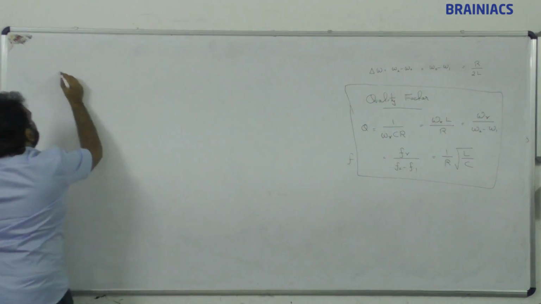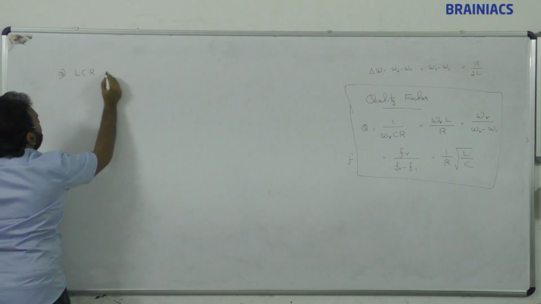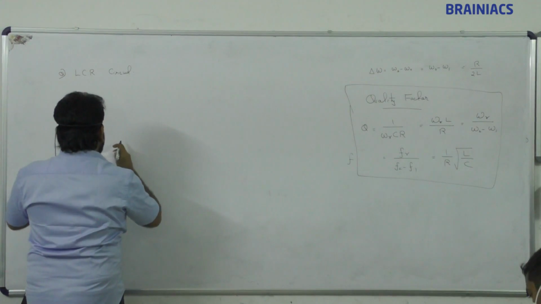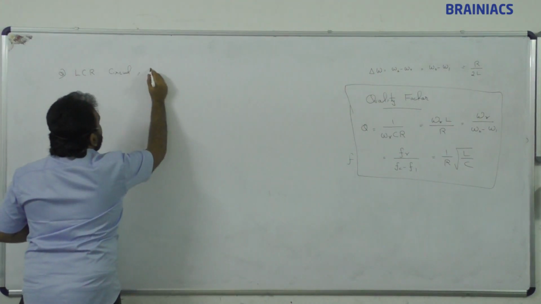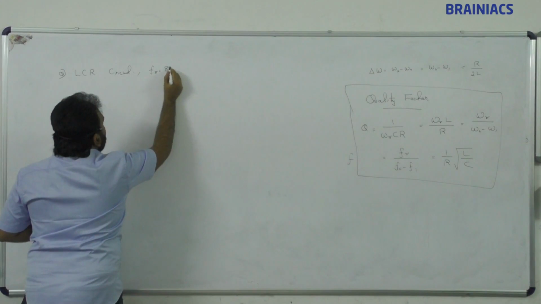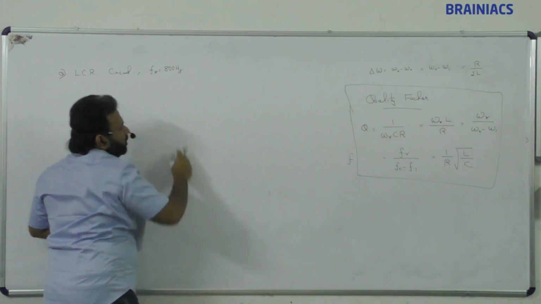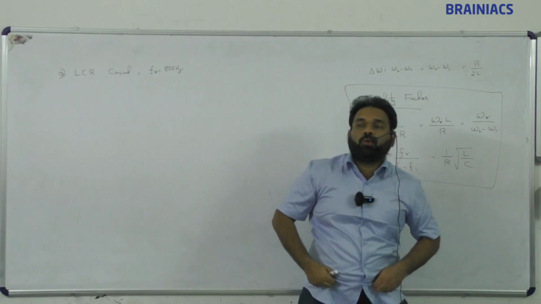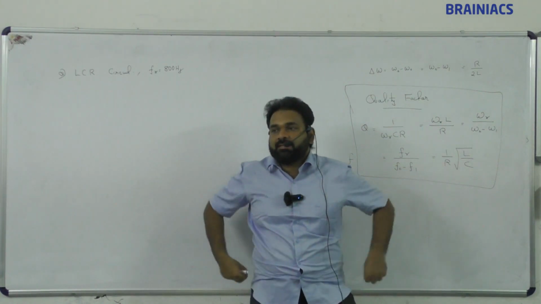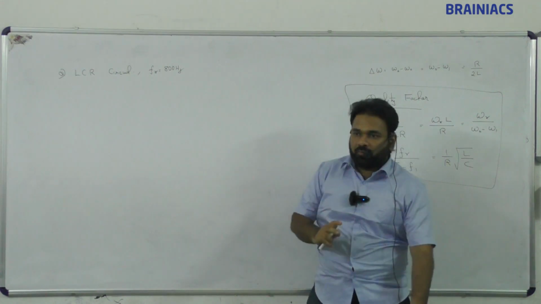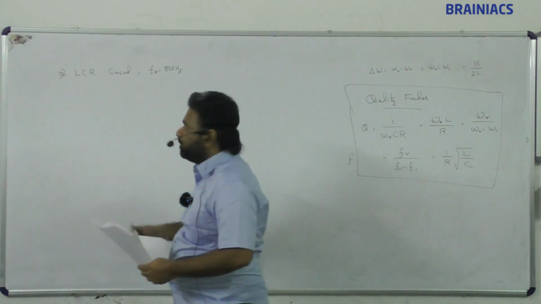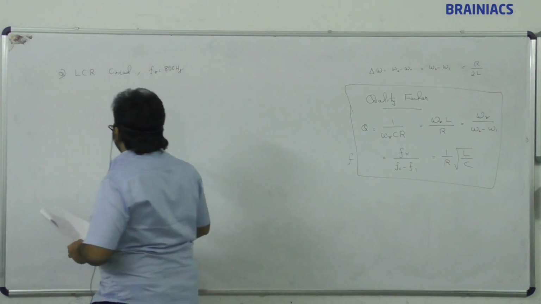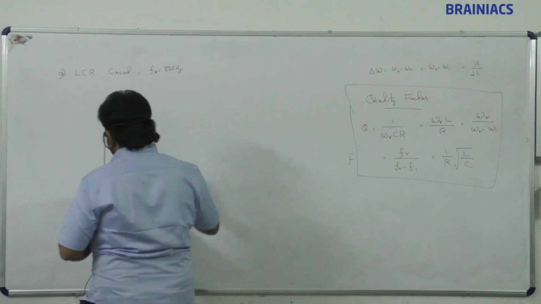Okay, so an LCR circuit, the resonant frequency FR is equal to 800 hertz. Just look at the unit and decide whether it is normal frequency or angular frequency. If it is in radians, then it is angular, and then don't mix in 2 pi again.